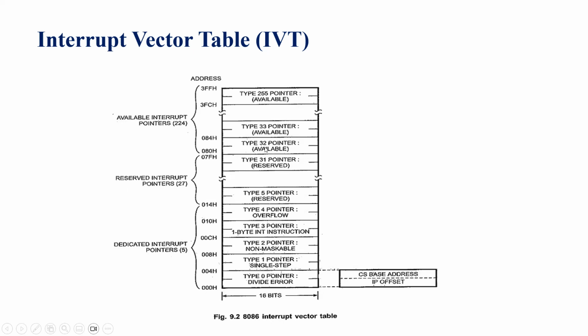And later, type number 32 to type number 255, these 224 interrupts we consider as user-defined interrupts. For all these interrupts, the vector addresses are these. In these vector addresses, we have the service routine addresses. Like this, we are using the interrupt vector table in case of our 8086.